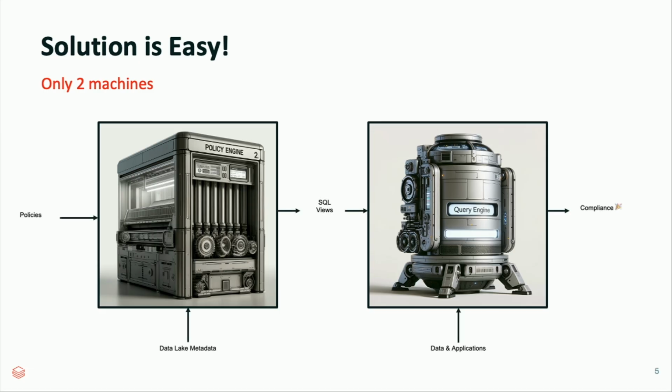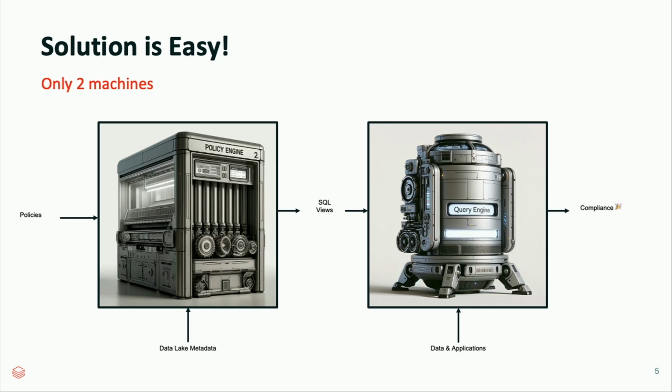So basically, what we need to do is to define the policies in a policy language that encodes what types of users can see which types of data and what parts of this data as well, in addition to the metadata about our tables in the data lake, and feed those into the policy engine.